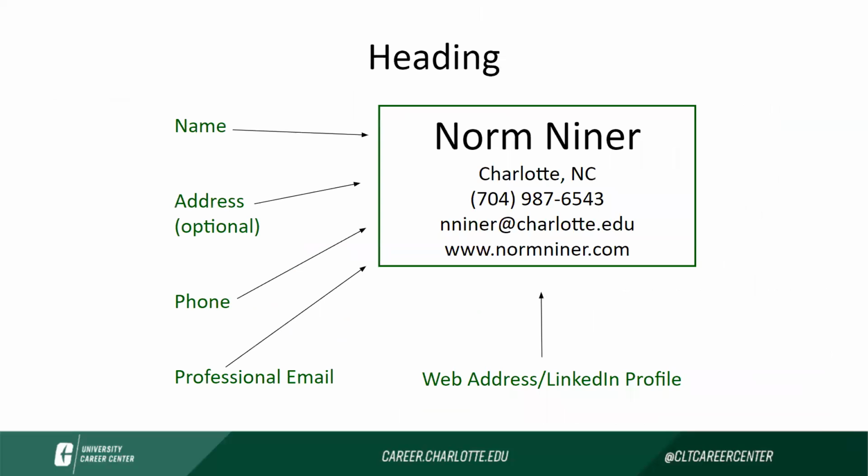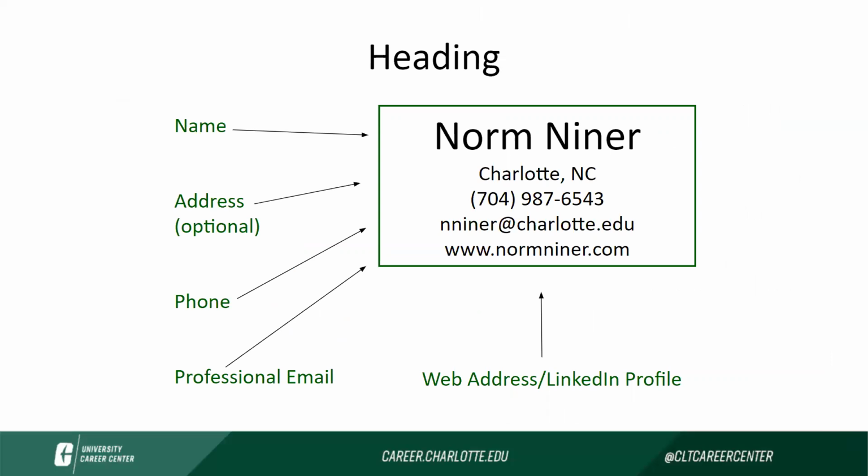So we're going to start with the heading. There are different components to the heading. You're going to have your name, your email address, and your phone number. And then we would recommend inserting your LinkedIn profile URL or your portfolio or website if you have one. With your physical address, you don't necessarily need to include that.